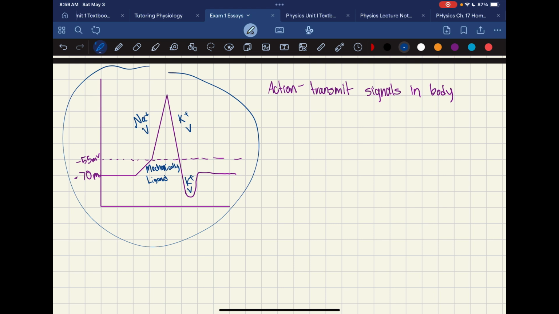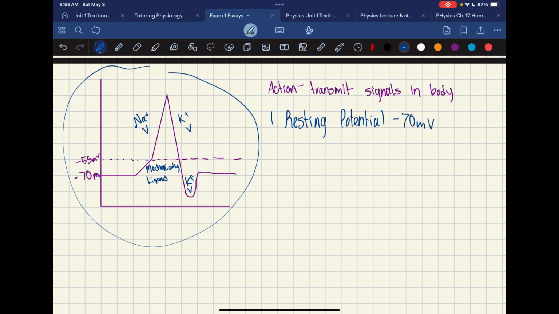So let's quickly do a recap of the action potential and the phases of the action potential. First we start with the resting potential, which we talked about is usually negative 70 millivolts in neurons.